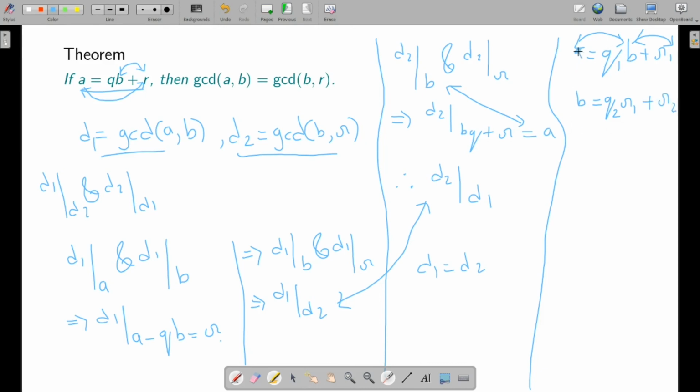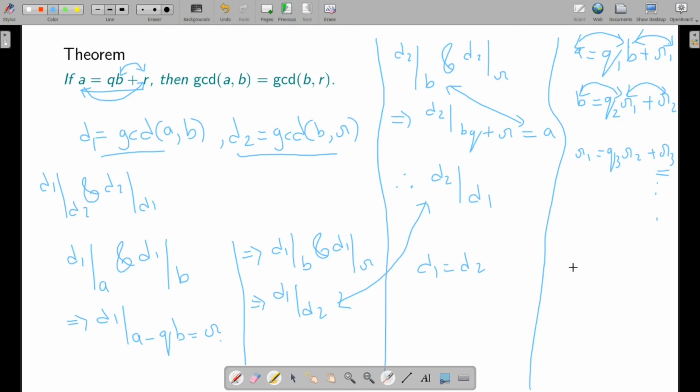So now the GCD of A and B is the same as the GCD of B and R1, but the GCD of B and R1 is the same as the GCD of R1 and R2. So you can keep doing this, and let's now divide R1 by R2. So R1 is equal to Q3 times R2 plus R3, and you can keep doing this. There is a fact that will assert that at some stage this remainder is going to become 0. I'll tell you why it becomes 0.